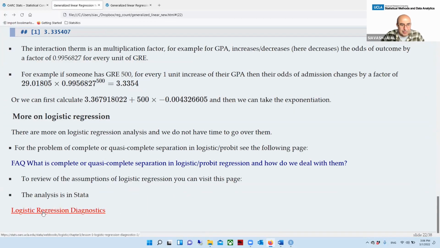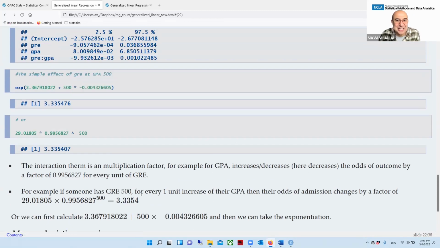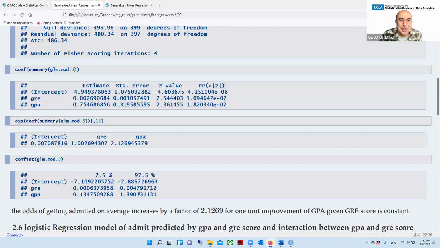And also for logistic regression diagnostics, you can look at this page, which is in Stata, but you get the idea of what kind of diagnostics we need to test. Pretty much when your predictor variable is not continuous, there is not much in the way of diagnostics. Everything works fine. If the predictor is continuous, you need to somehow test for linearity, because that relationship we assume is linear, but we're not sure.